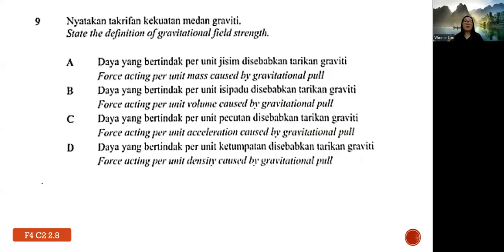Number 9. What is the definition of gravitational field strength? Okay, so for information, gravitational field strength is force per unit mass. It has the same unit as gravitational acceleration. But generally, the slight difference is gravitational acceleration is involved when an object is falling, when free fall happens.